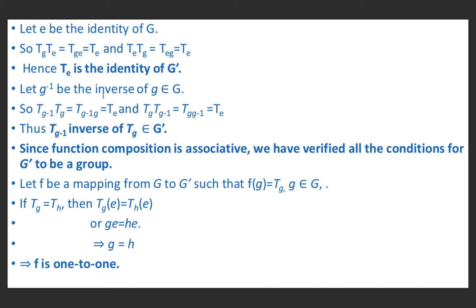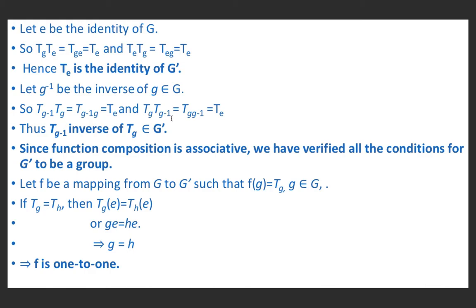Now let g inverse be the inverse of g belonging to G. G is given to be a group. So T_g inverse into T_g is equal to T_(g inverse g). Again we have applied the closure axiom, and this is T_e because g is the element of the group and the inverse of each element exists in a group.